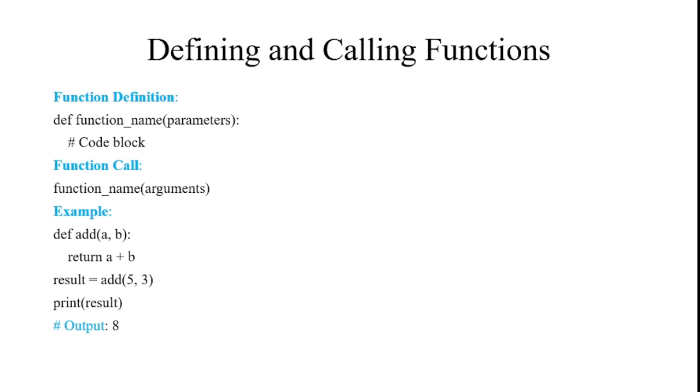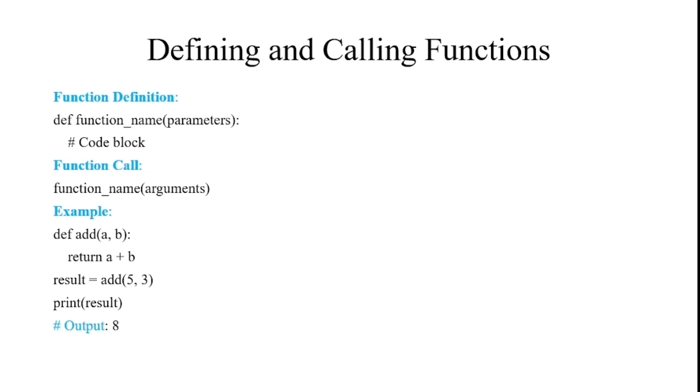First, the basic: how to define and call a function. The function is defined, as we have discussed in the previous slide, by using the def keyword. And to call the function, we have to just write the name of the function followed by the arguments.